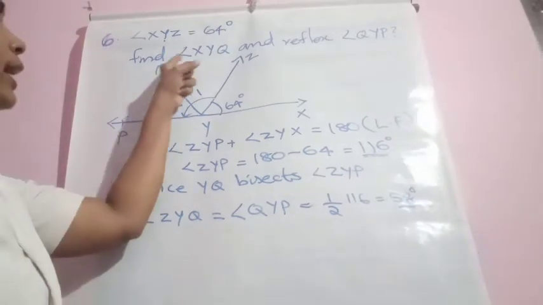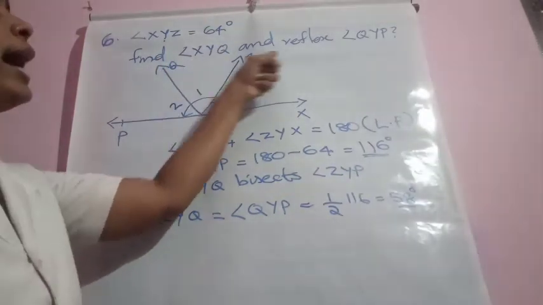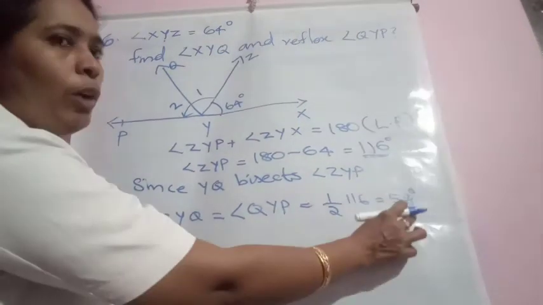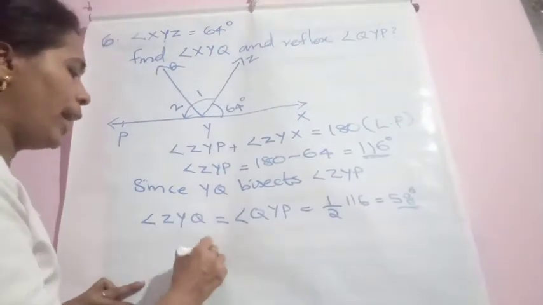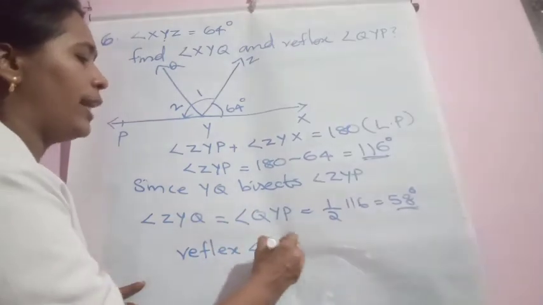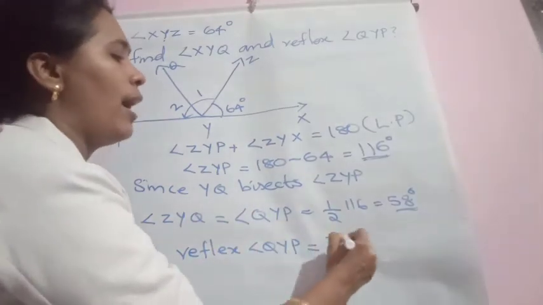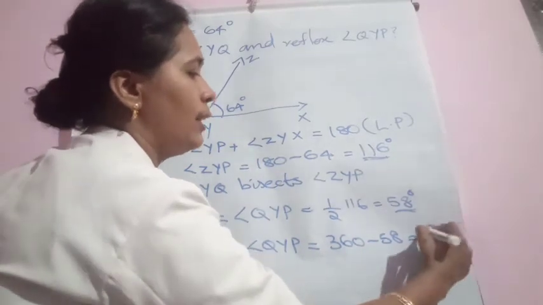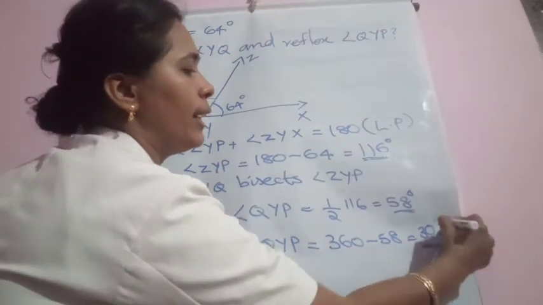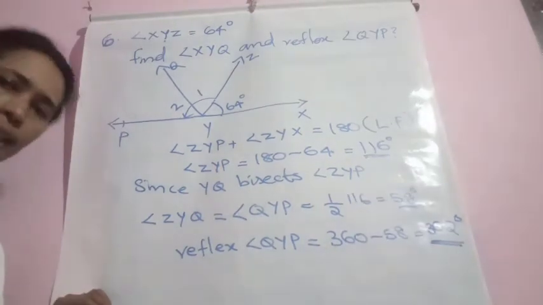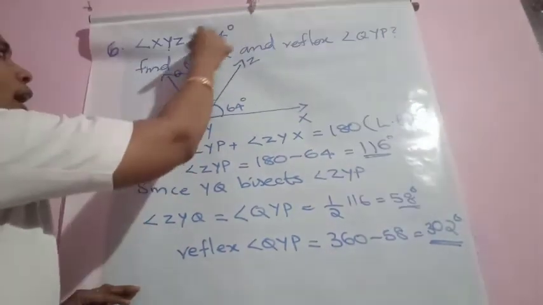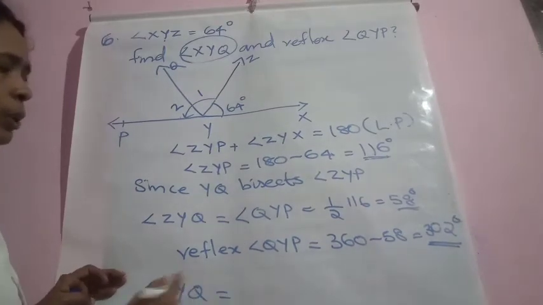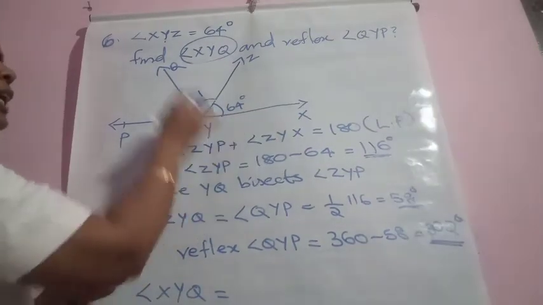Now come to question. XYQ and reflex angle QYP they asked. QYP we got it now. So reflex QYP, how do we calculate reflex QYP? 360 minus 58. How much coming to us? 302 degree. One more is there. Which one? XYQ. Look at the picture. How do you reach XYQ?